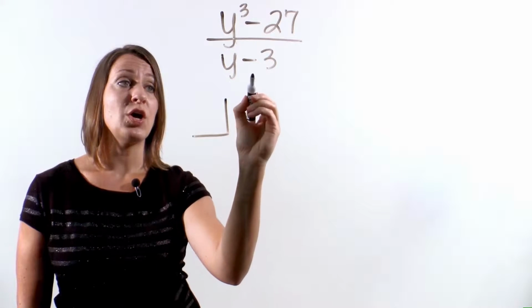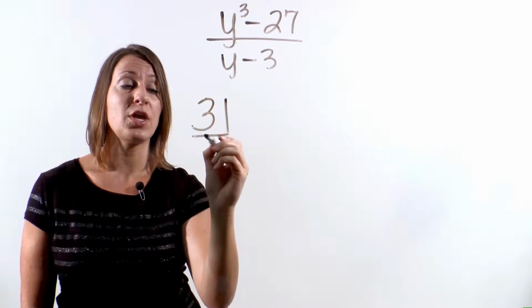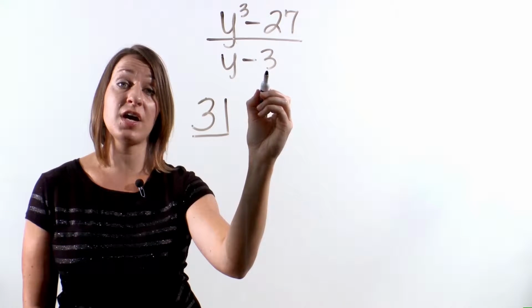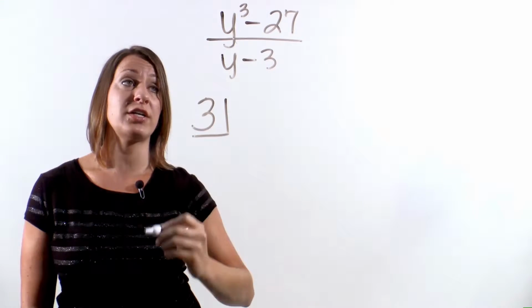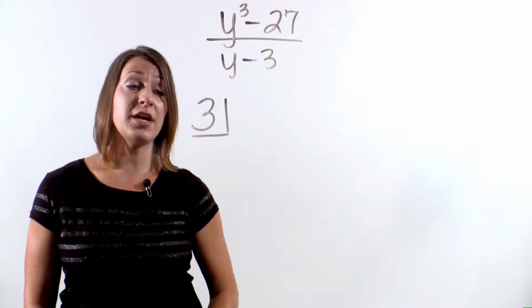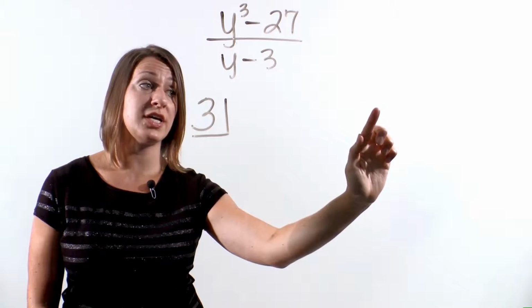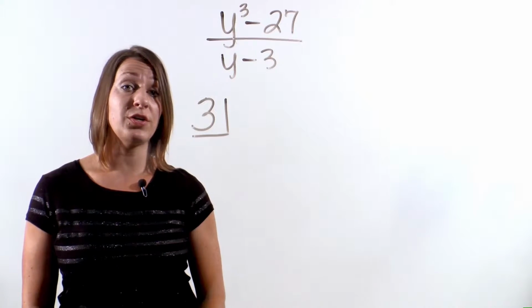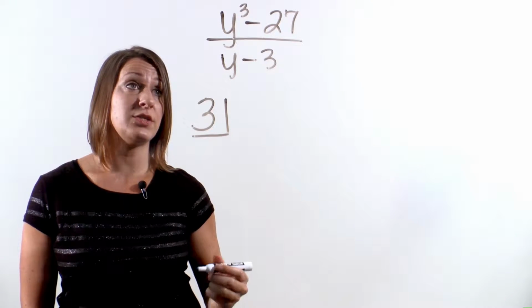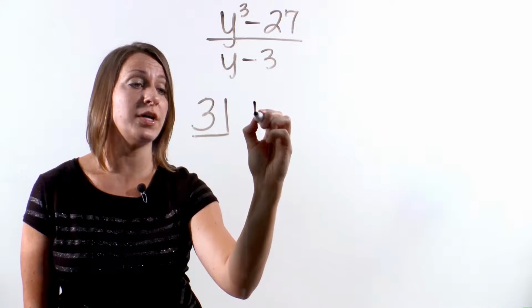Our first step, we'll put our positive 3 in the corner. Remember, it's always opposite of the constant in the bottom of the fraction. Next, we'll be careful to put out our coefficients horizontally across, making sure that we include our placeholders. The coefficient of y cubed is 1.